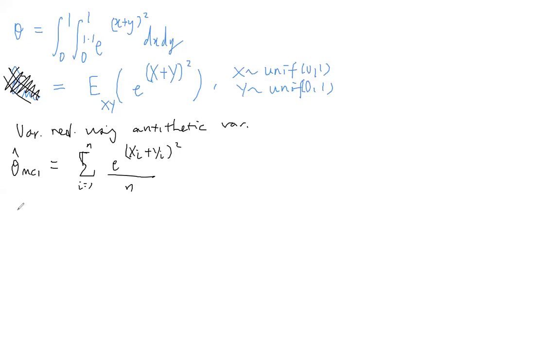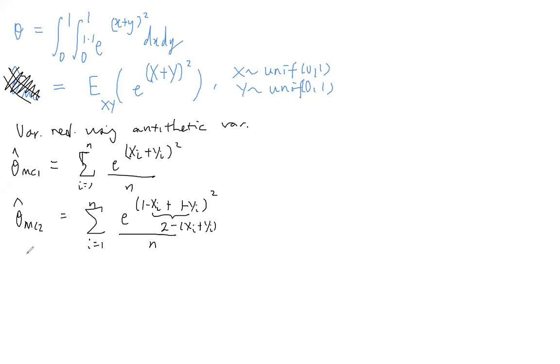The second Monte Carlo estimator, if you use antithetic variables, you replace x with 1 minus xi, and y with 1 minus yi, squared. So this part here is 2 minus (xi plus yi).